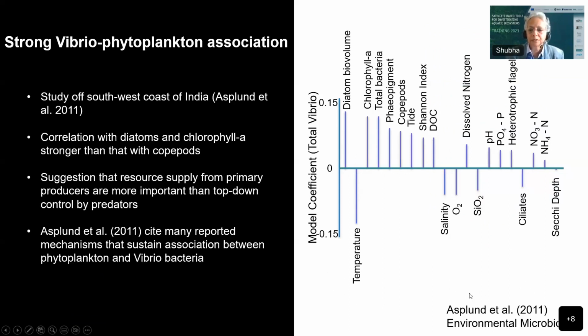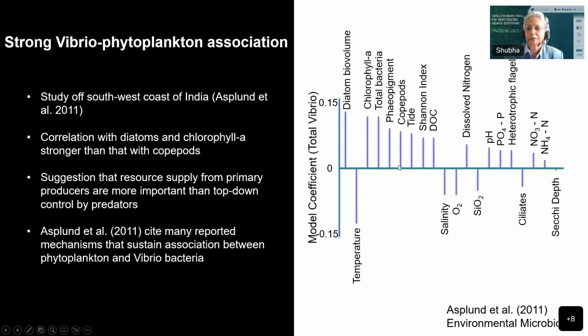In this study by Asplund and colleagues, in their analysis of data from the southwest coast of India, they showed the strongest relationship between Vibrio cholerae and diatom abundance. Diatoms are a type of phytoplankton. There was a negative relationship with temperature, and also another strong relationship with chlorophyll.